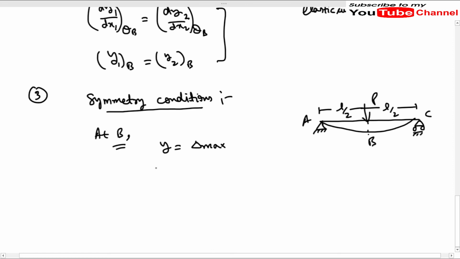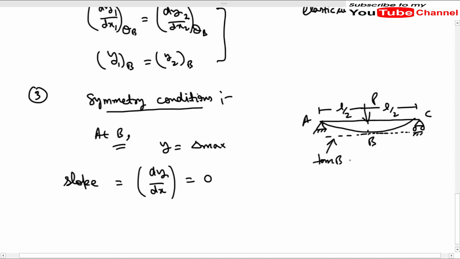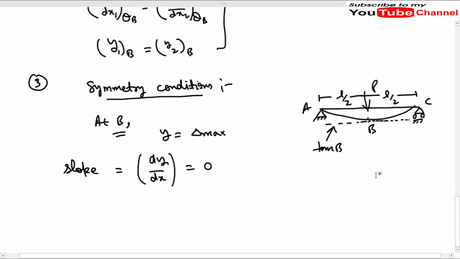The other important point which we can write here is that the slope dy by dx will be 0. Why? Because the deflection is maximum, so the tangent at that point B, the slope of this tangent at B, will be 0. This is another condition which we can use to find our constants of integration C1 and C2.